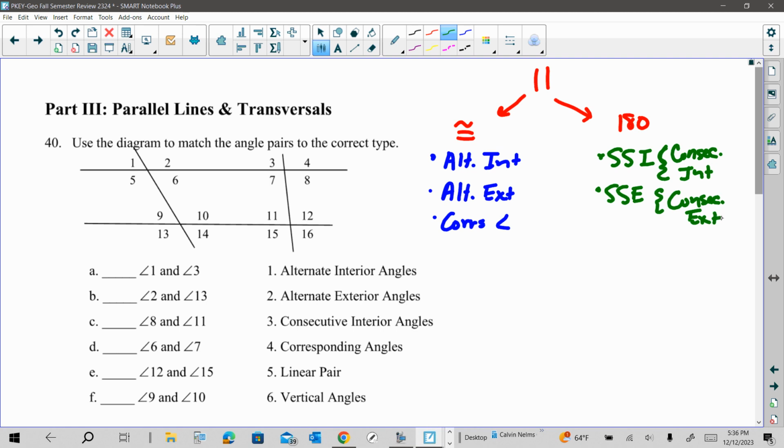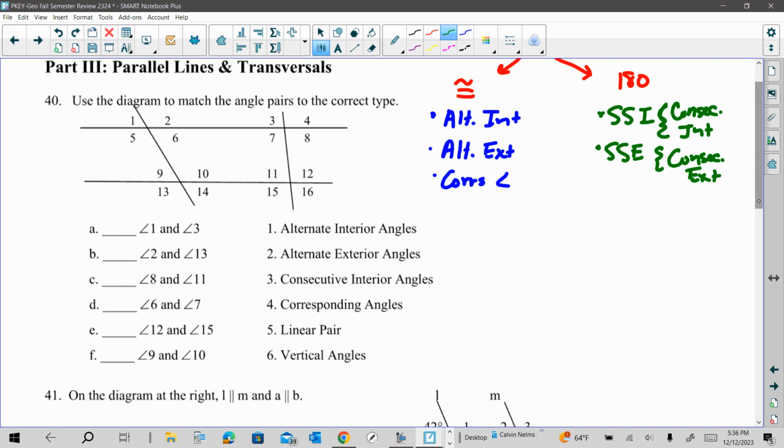All right, so the first thing was just make sure you can understand what alternate interior is, like, can you find the type? This is just knowing your vocabulary, identifying, matching the type on the diagram. So on A, they want us to focus on angle 1 and angle 3. That means the transversal they share is this line. They're both above the line, in the same position, so this would be corresponding.